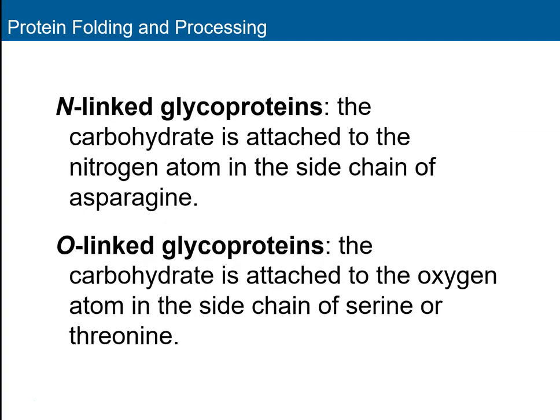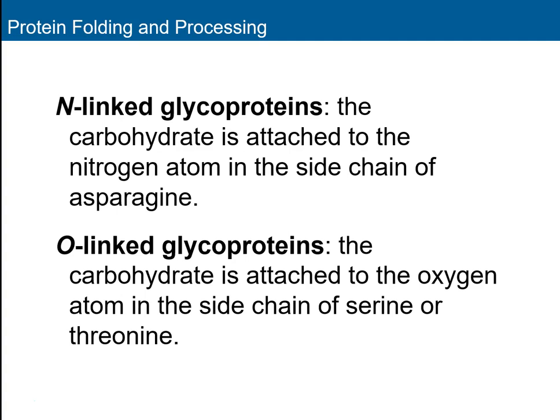Now, there are different types of glycoproteins. To be honest, you don't really need to know the specific details here, but I want you to be aware that there are different types of glycoproteins. So there are N-linked glycoproteins because the carbohydrate chain is attached to the nitrogen atom on the side chain of specifically asparagine.